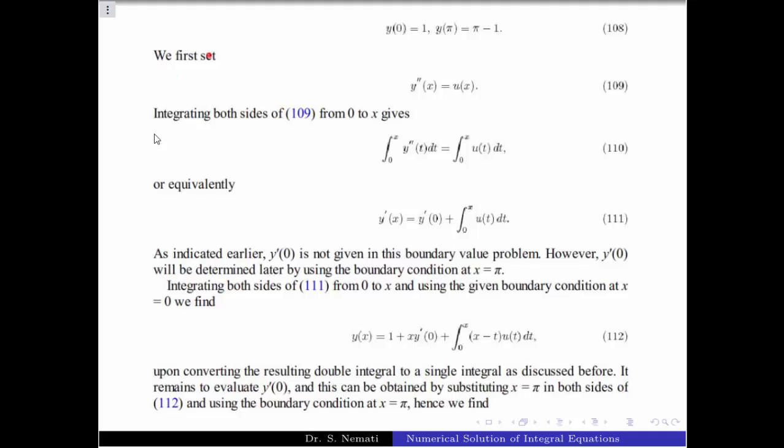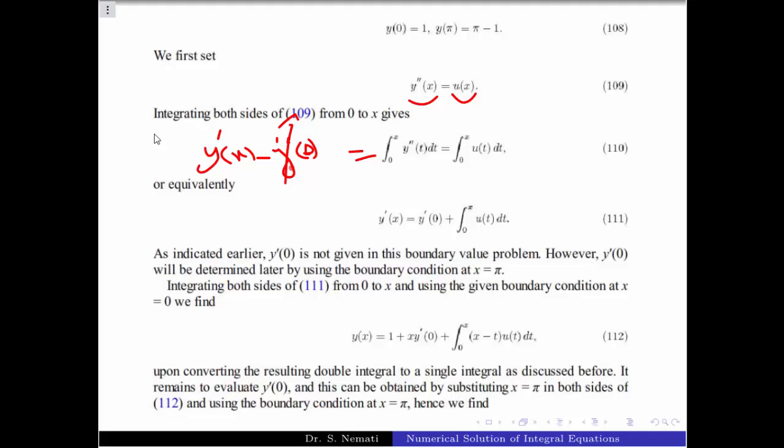Similar to the procedure we explained for the initial value problem, we say the second order derivative of y equals u of x. By taking the integral of both sides, we have y prime of x minus y prime of 0. But pay attention that we don't have this value.